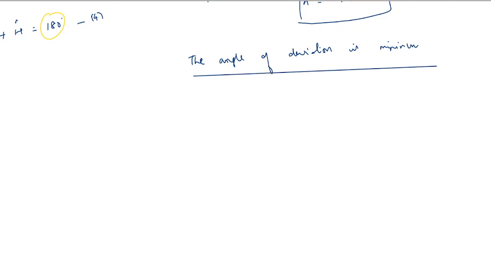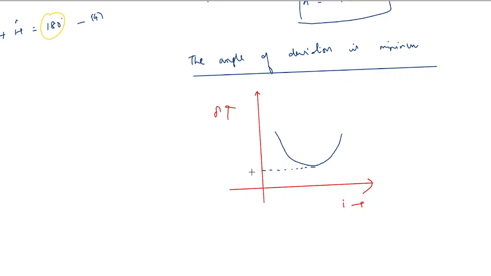We saw that when we plot a graph of angle of incidence versus angle of deviation, we find a curve of this form, such that at some point the angle of deviation is minimum. We call this capital D. At the corresponding angle of incidence, we saw that I1 is equal to I2.